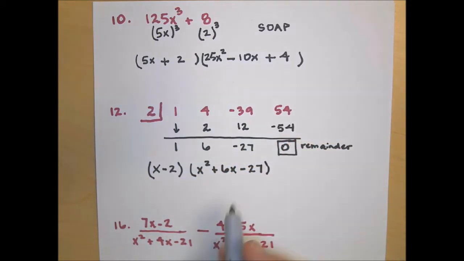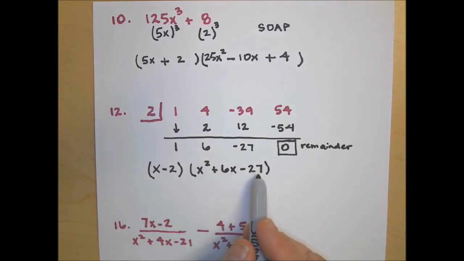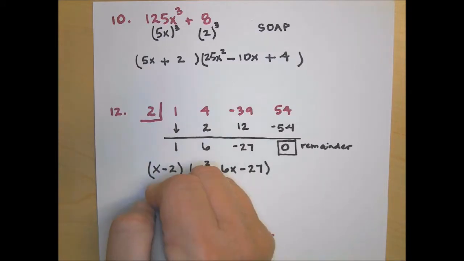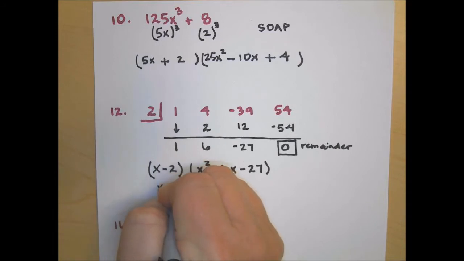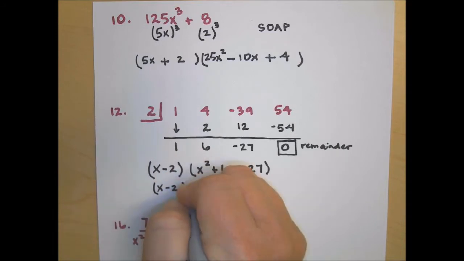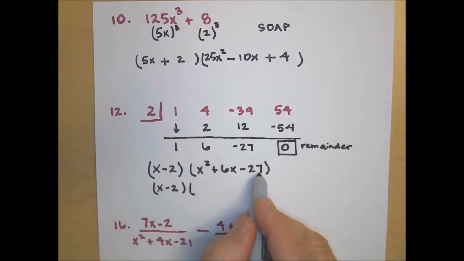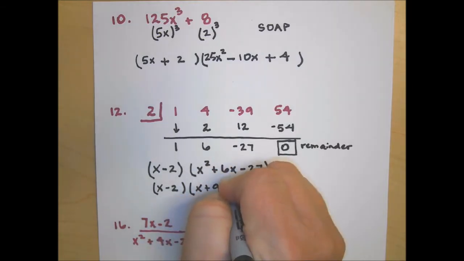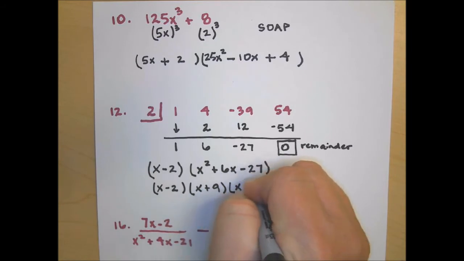Can this be factored down some more? The answer is yes. The factors of negative 27 that have a sum of positive 6 are 9 and negative 3. So all of my factors are x minus 2, x plus 9, and x minus 3.